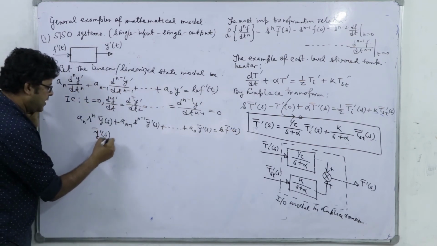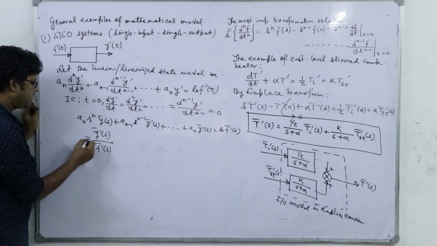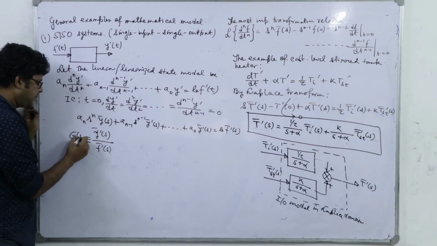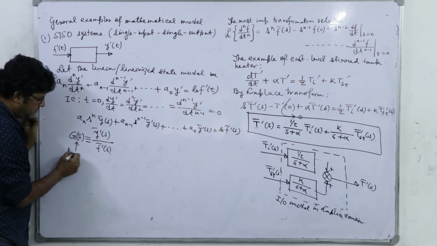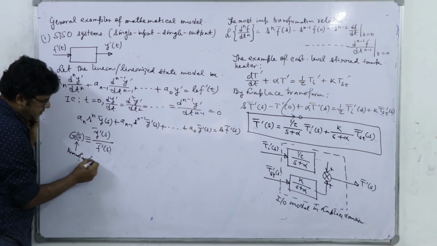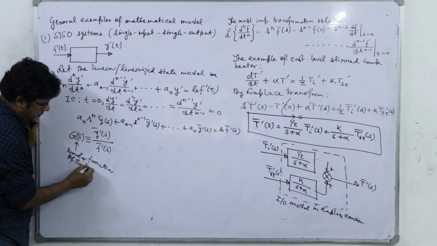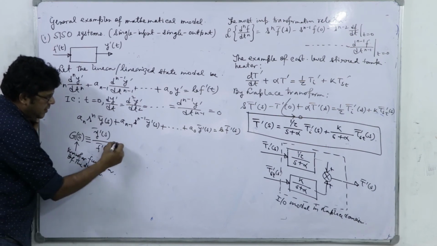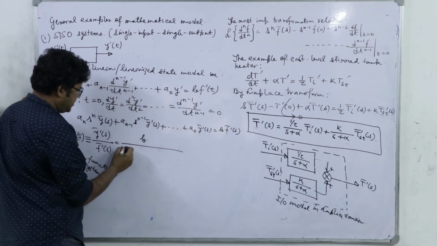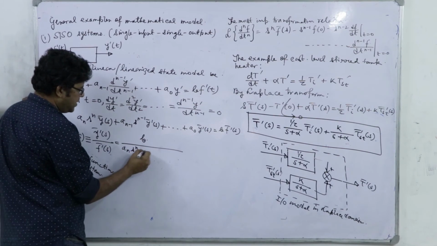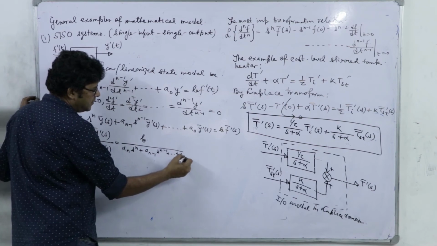So y prime bar s divided by f prime bar s, which we call the transfer function of that system, is equal to b divided by a n s to the power n plus a n minus 1 s to the power n minus 1 plus a 0.